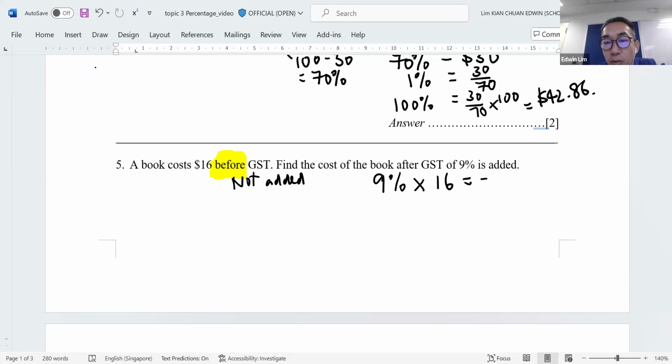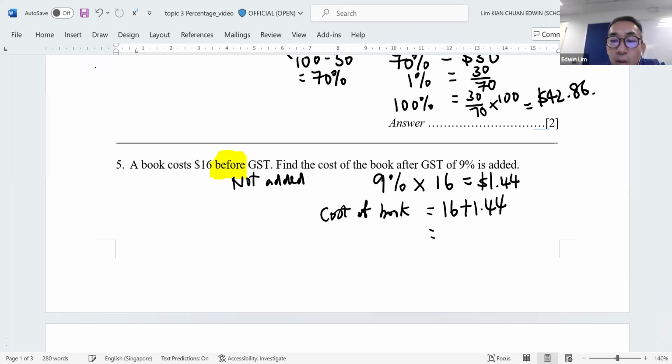It's $1.44. So the cost of the book now is $16 plus $1.44. I will get $17.44. This is where GST is added. Okay, so this is for question number 5.